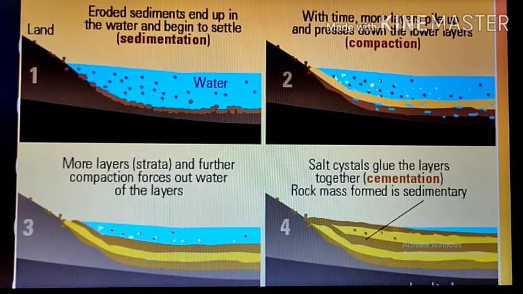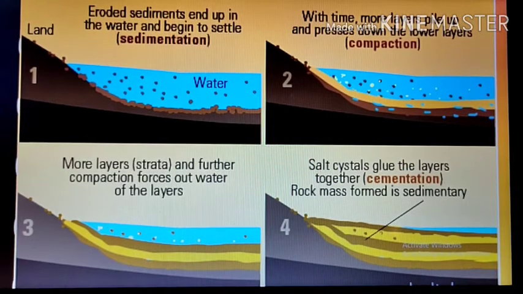These sediments are transported and deposited by wind, water, etc. These loose sediments are compressed and hardened to form layers of rocks. These types of rocks are called sedimentary rocks. For example, sandstone is made from grains of sand. These rocks may also contain fossils of plants, animals, and other microorganisms that once lived on them.